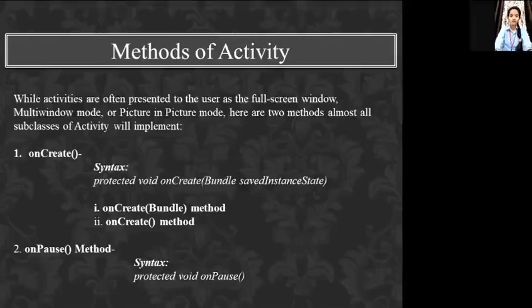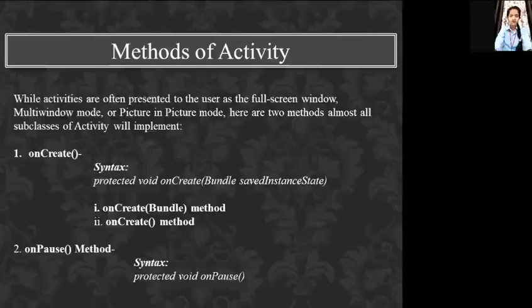But almost all subclasses of activity use the onCreate and onPause methods. Here is the syntax: the onCreate method takes a Bundle. This is a subclass of the onCreate method.